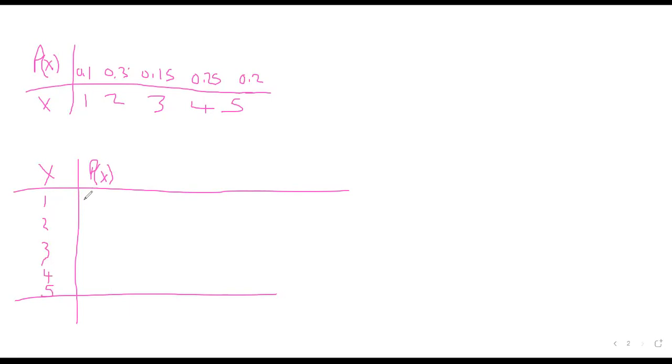Here we have 0.1, 0.3, 0.15, 0.25, and 0.2. When we add this, we get 1.0. And here we're going to square X. We have 1, 4, 9, 16, and 25.